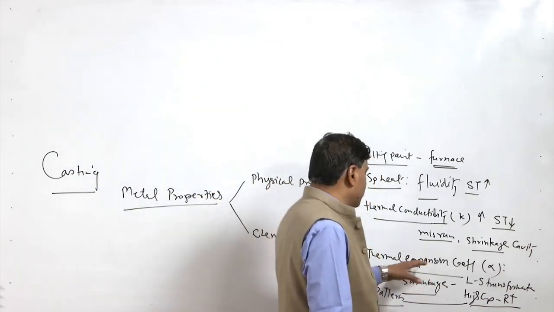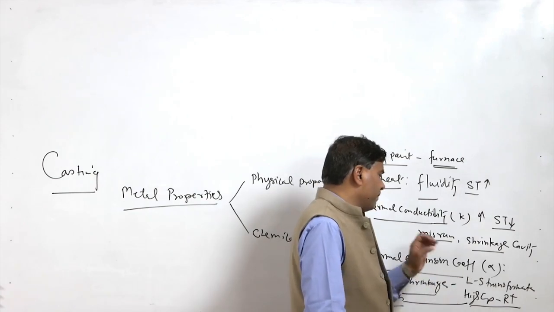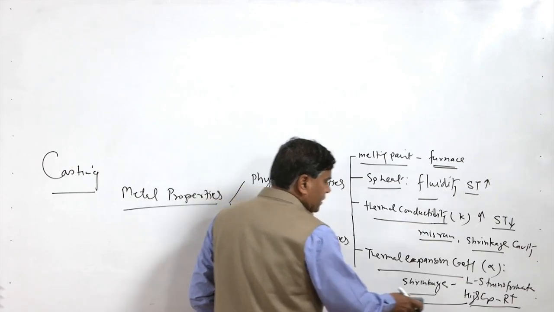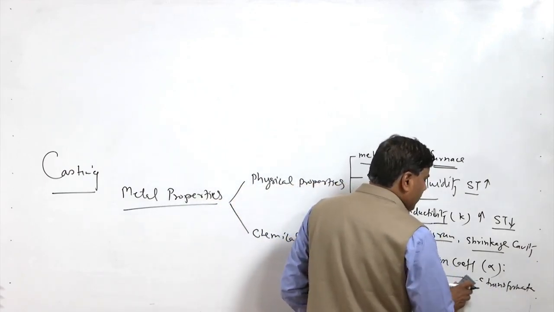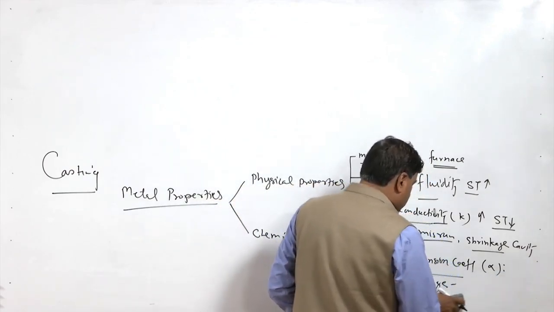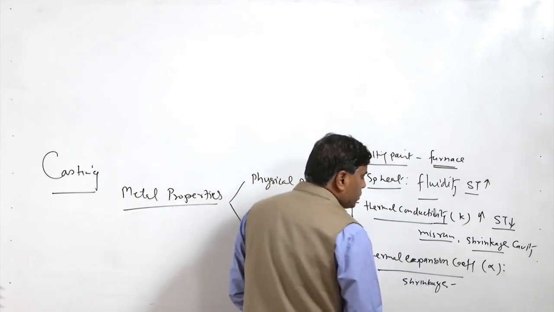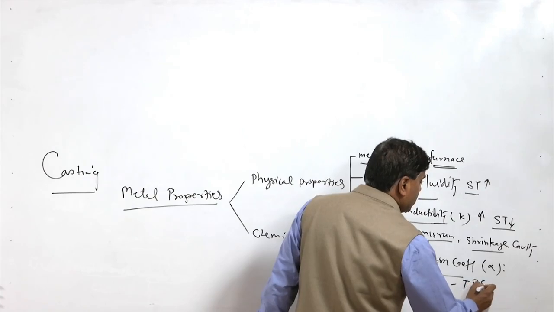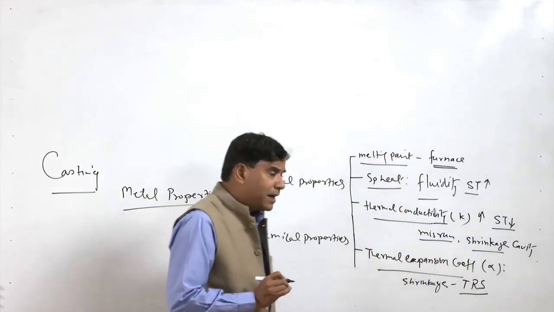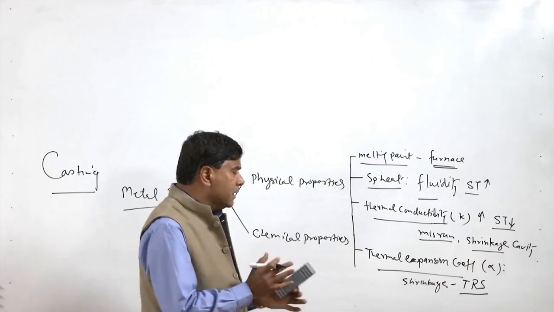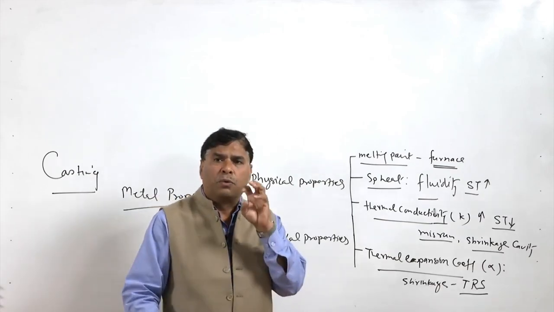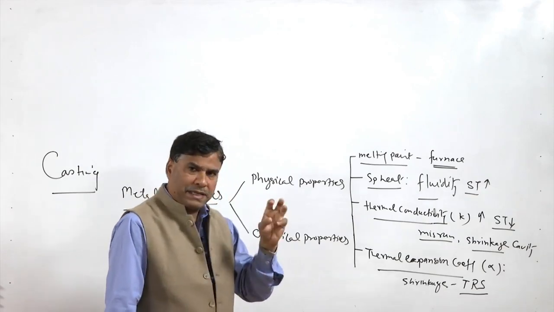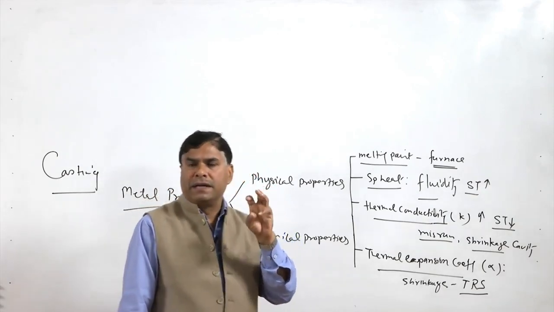So, thermal expansion basically affects the shrinkage aspect, which in turn affects the pattern design as well as the riser design. Other aspects related with the shrinkage also include the development of tensile residual stresses, especially in cases where the core, which has been placed inside the mold for making the internal cavity, does not collapse.